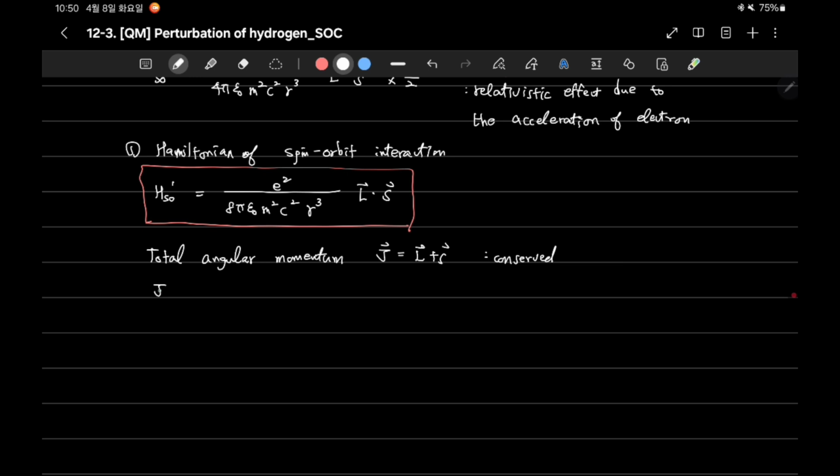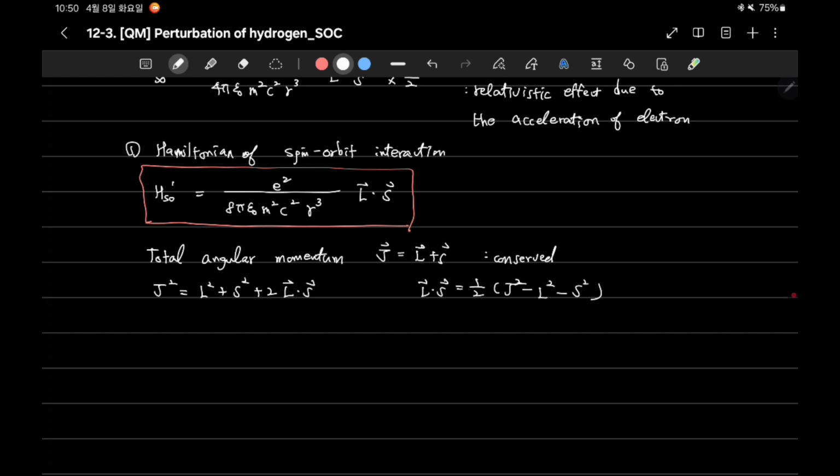Then it is J squared. J squared is L squared plus S squared plus 2 L dot S. So L dot S is 1/2 (J squared minus L squared minus S squared).